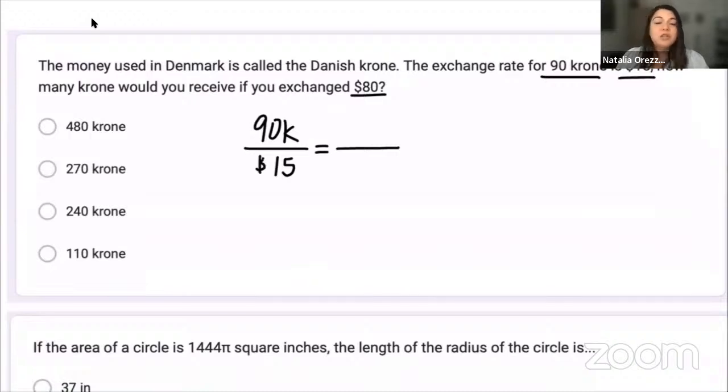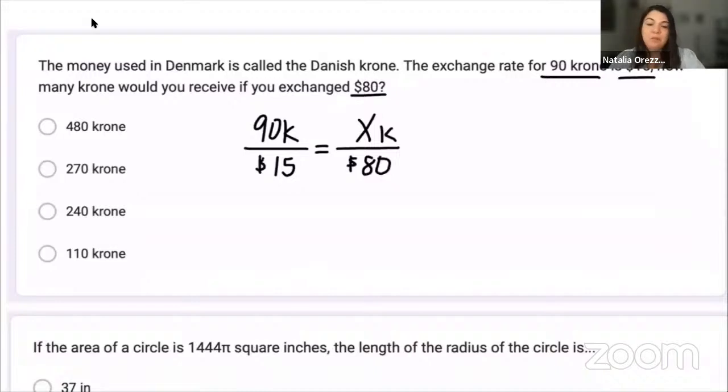In the first fraction, if the dollars are on the bottom, then I have to put the dollars on the bottom. So because it says $80, I actually have to place this on the bottom so that it matches my first fraction. And I don't know the number of krone, and when we don't know something, we call it X. So I'm going to put X up here, and I'm going to put a little K to remind me that this is the krone. Okay?